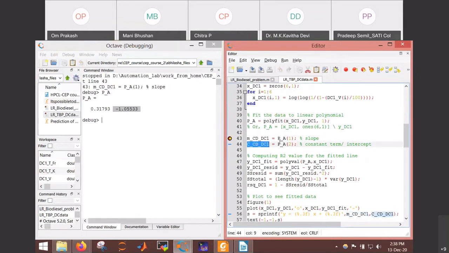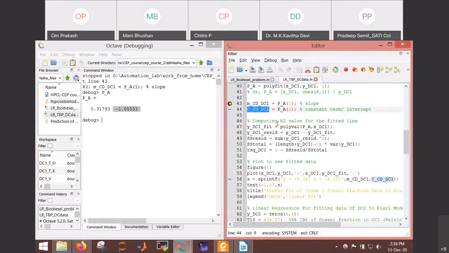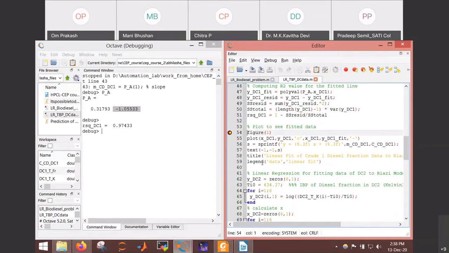Same thing I want to do for the second crude oil. Before that, I also calculated this R2 value, same as the earlier one. So this is my R2 value, 0.97. Here I have plotted the fitted curve.